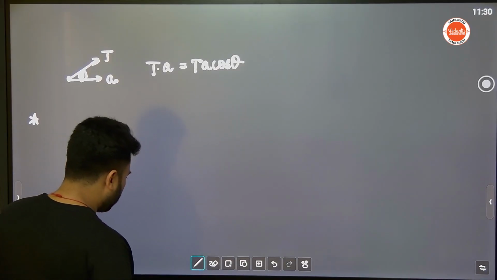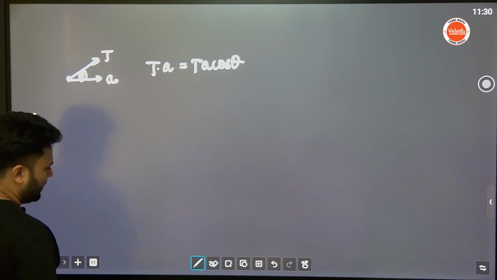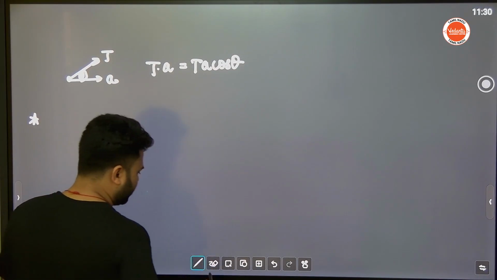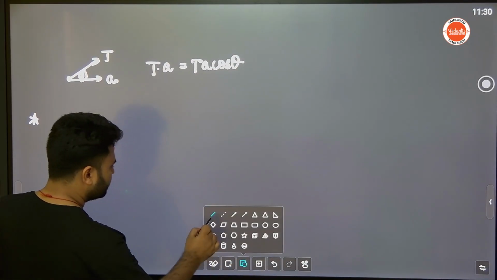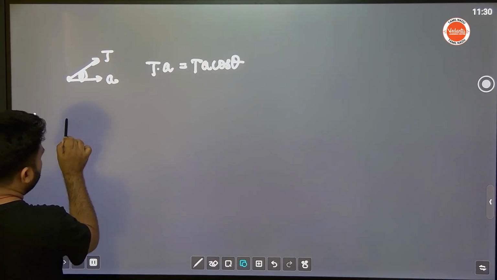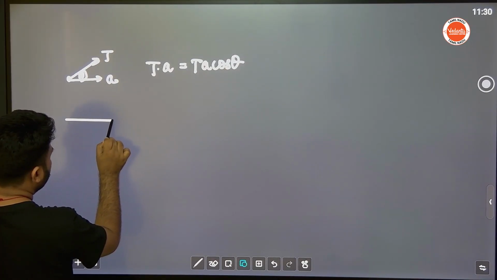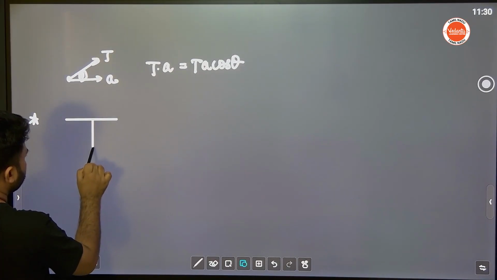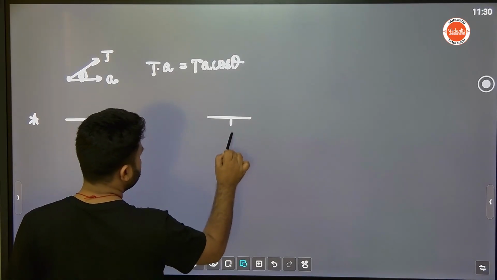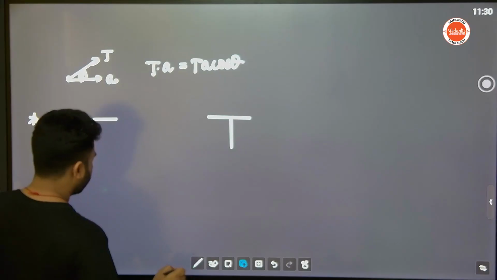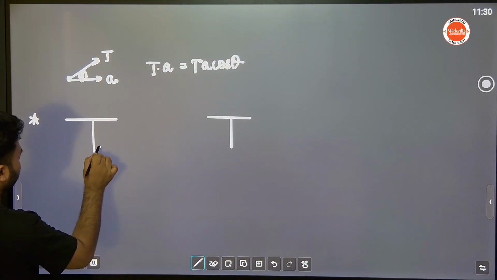Suppose we have this kind of thing. See the diagram.